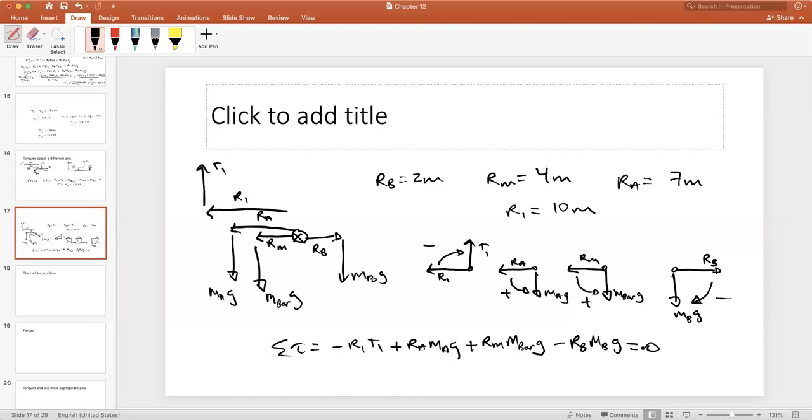Remember that those values of RA, RM, RB, and R1 are given above.